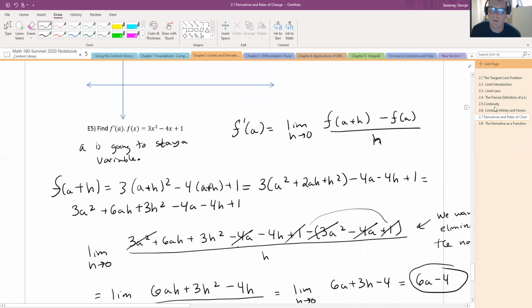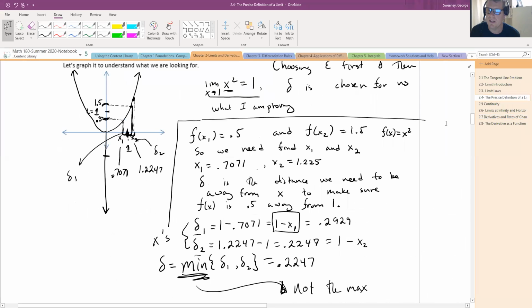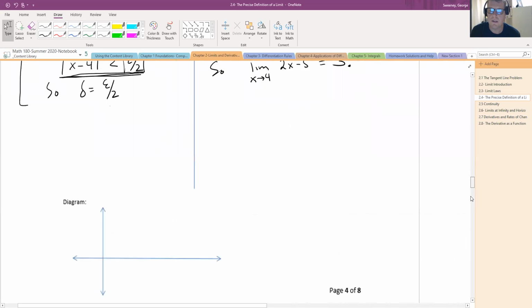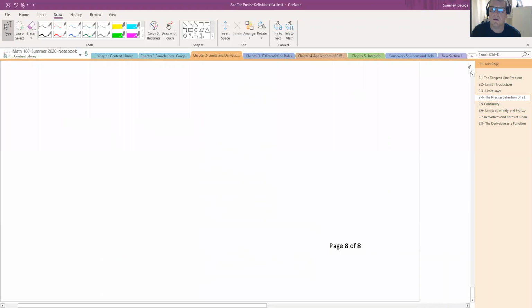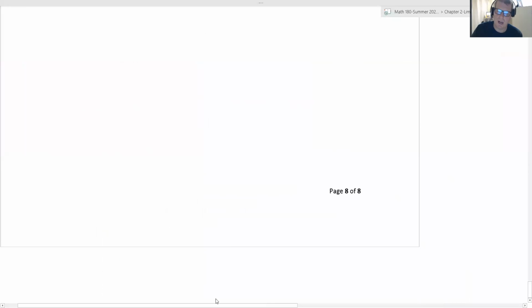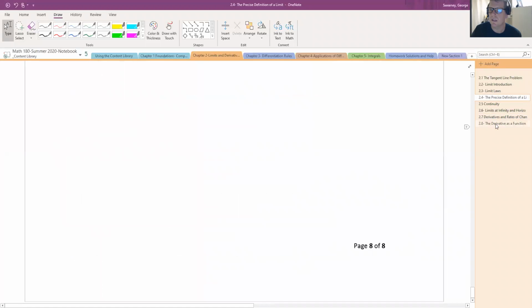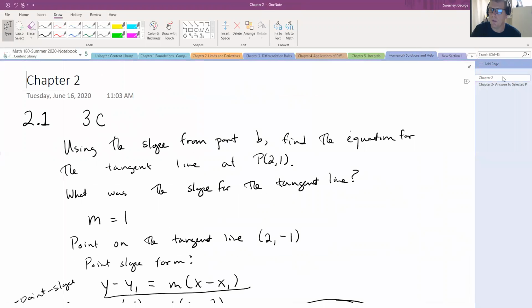All right, so we're going to go back to 2.4. We'll just do one of these precise definition questions. This will be inside of OneNote, or actually, why don't I just do it in the homework help solutions. So it's going to be the homework help for chapter 2.